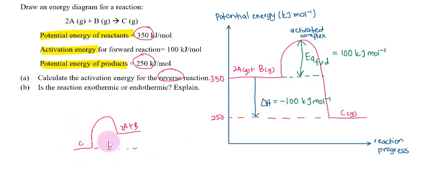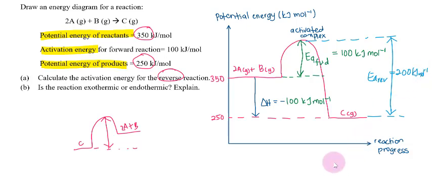So the activation energy is from C to the top, to the activated complex. The Ea reverse is, from here to here is 100 and then here to here is also 100, so the Ea reverse is actually 200 kilojoule per mole.